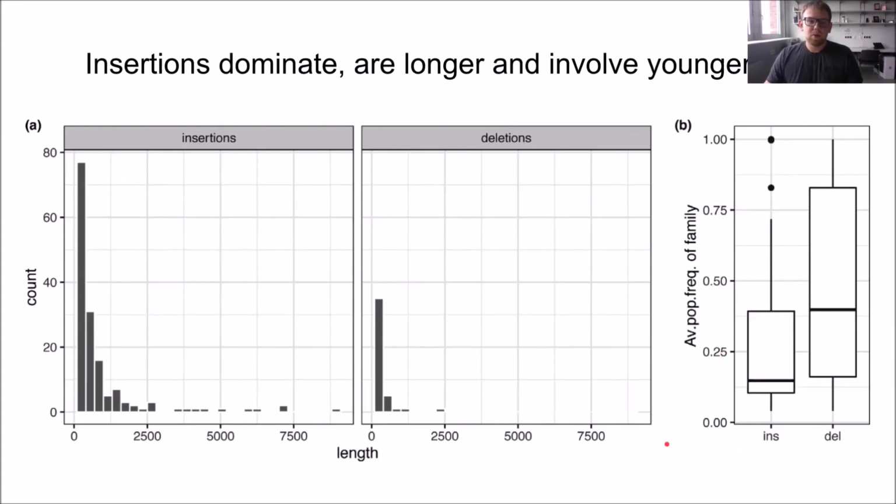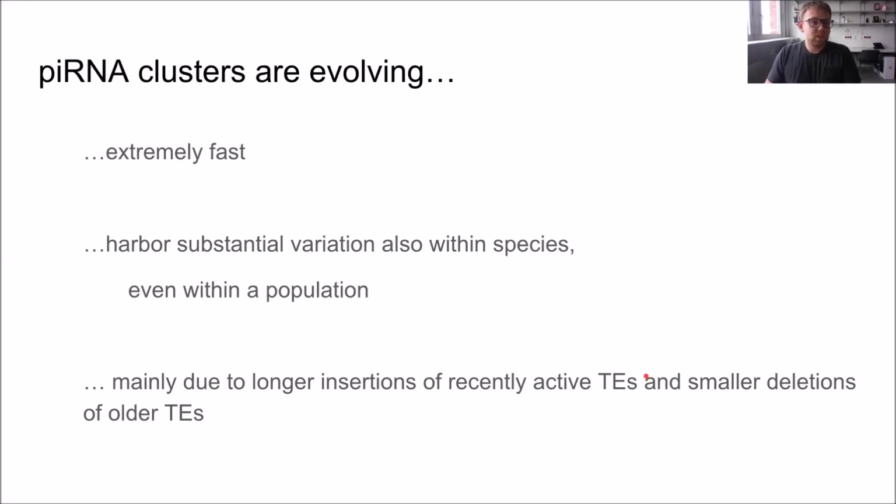And so by this we could infer that the clusters evolve through insertions of young TEs and slow degradation by deletion of smaller fragments. So to conclude, we found that the clusters are evolving extremely fast and have a substantial variation within the species, but probably also within a population. And further, they evolve by insertions of young elements.